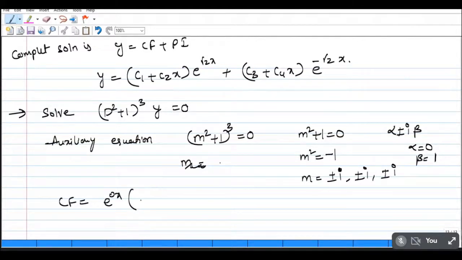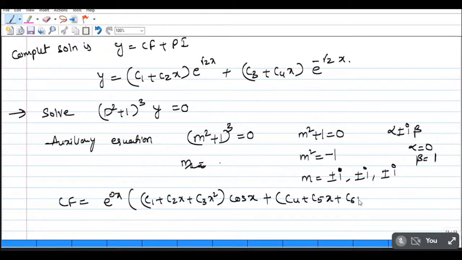Complex root repeated 3 times, so tell me: (C1 plus C2x plus C3x square) into cos x, beta is 1, plus (C4 plus C5x plus C6x square) into sin x.